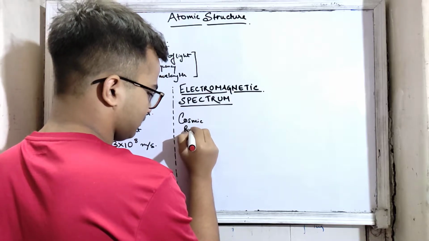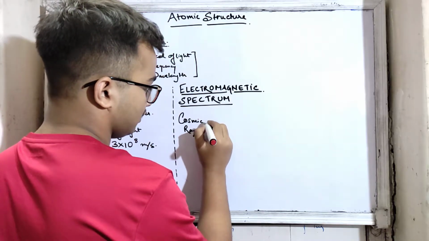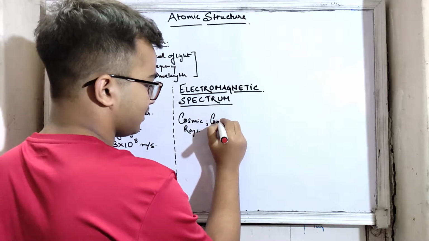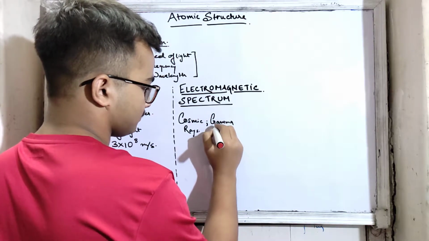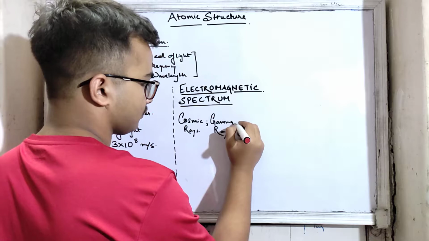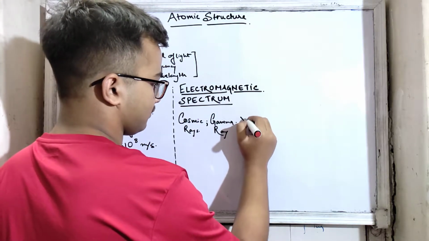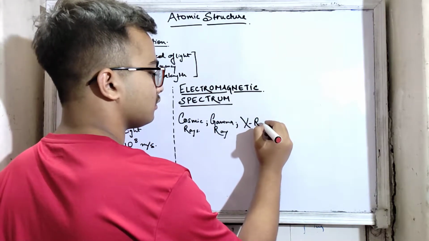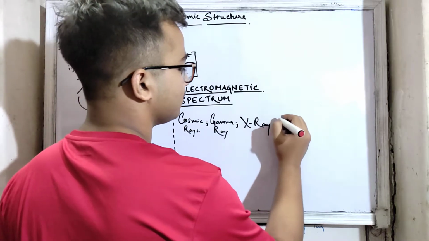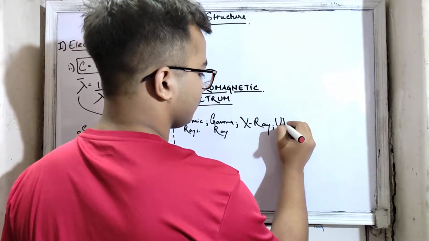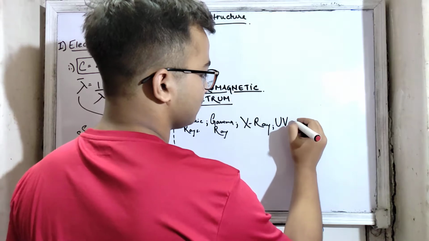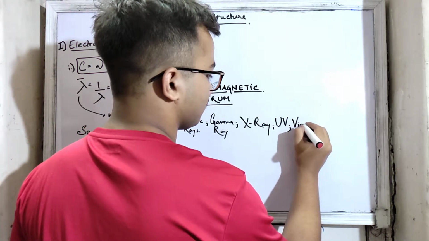The next one will be gamma ray. Next, X-ray. After that, UV. Next is visible ray.